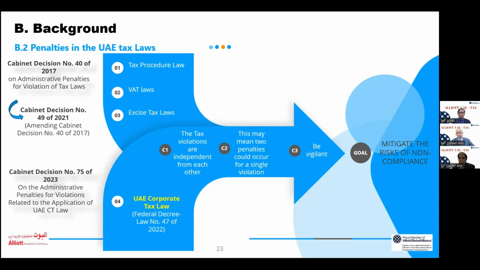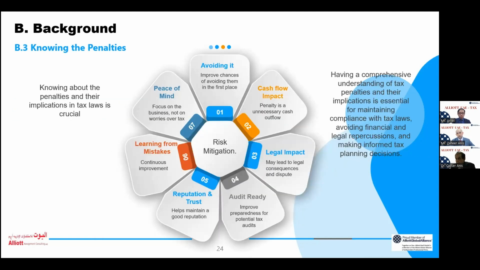We're not sure yet, but it could be possible that you might be subjected to both penalties, and of course, nobody wants to be in that situation. So what is the goal? We need to mitigate and reduce the risks of non-compliance, look at the contributing factors, pay attention to them, and avoid being in those scenarios.